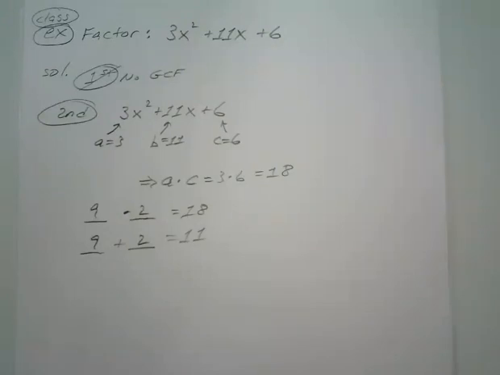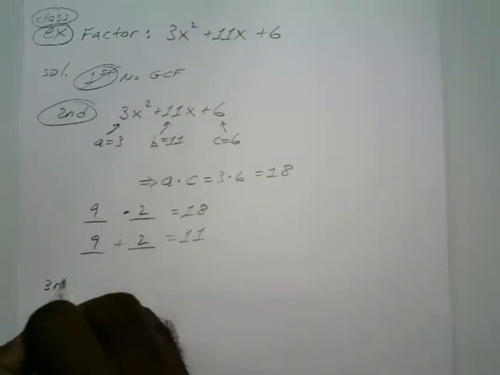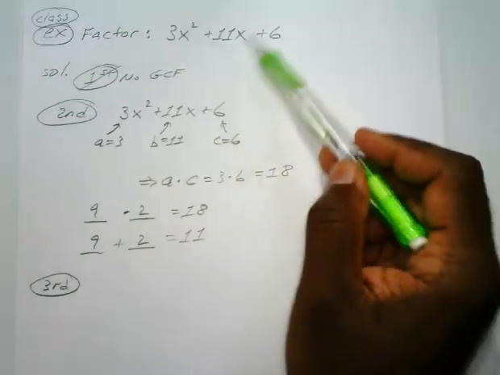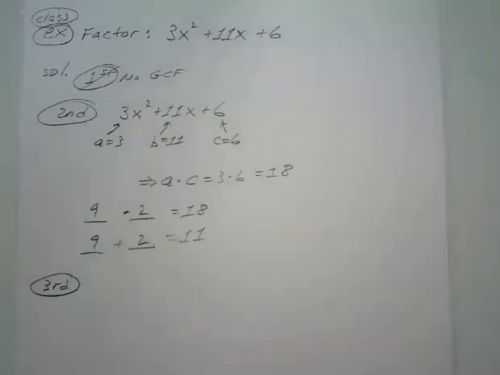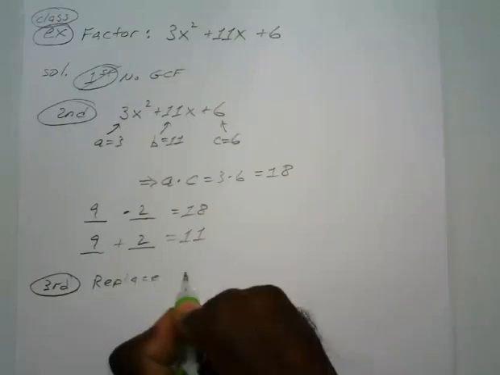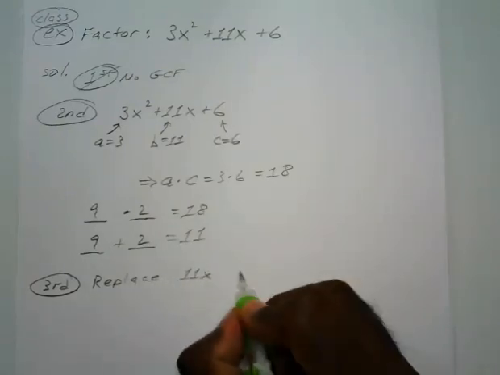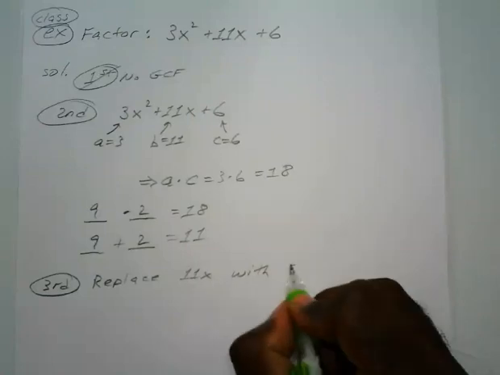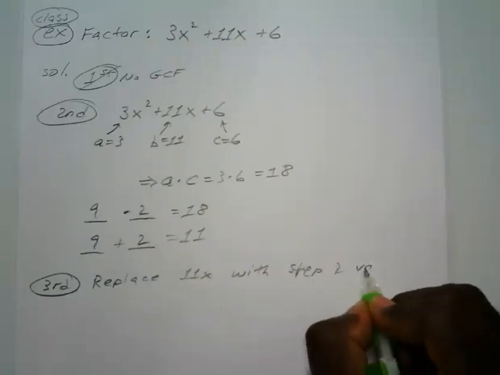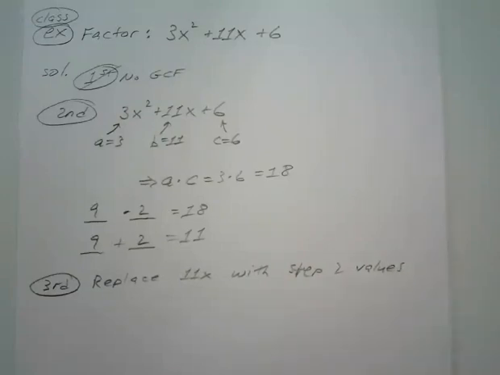So now we go to our third step. Our third step just means we're going to replace that 11x with those two values. So we're going to replace our 11x with our step 2 values.